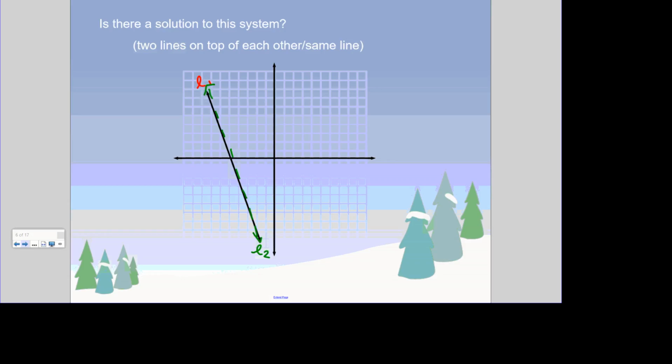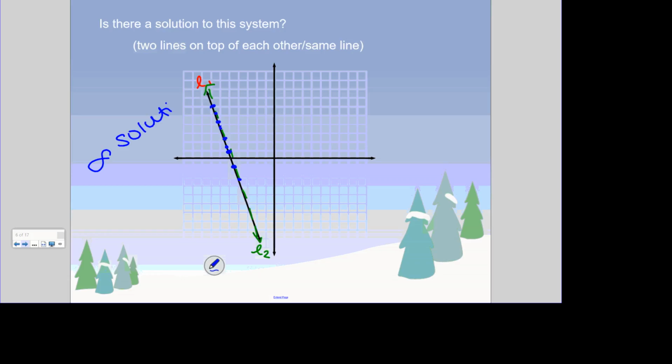Well, if the two lines are on top of each other, then that means they share many points in common. And we could probably find points all day that they both share, out to infinity. There are infinite shared points that those two same lines will have. So this is an example of infinite solutions.